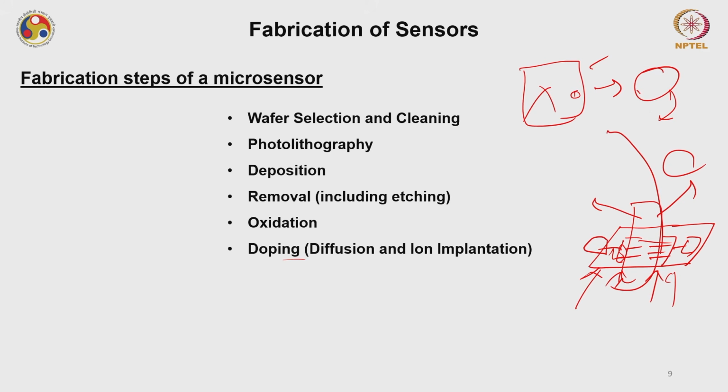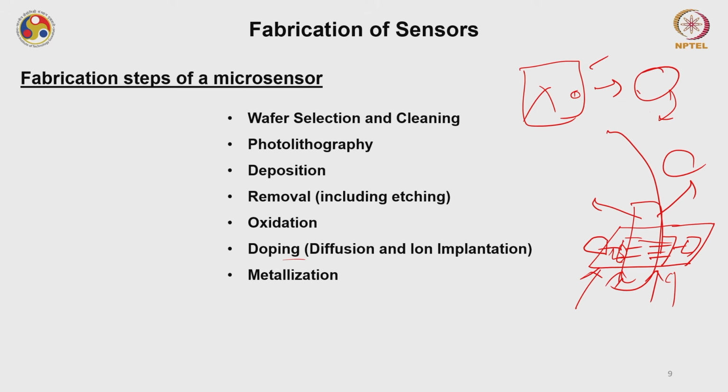So sometimes we need to modulate the electrical properties of the semiconducting film. We'll learn what the doping techniques are. As you can see, mostly diffusion and ion implantation are used for doping. Ion implantation being a very costly technique, mostly for sensors we deploy diffusion for doping.